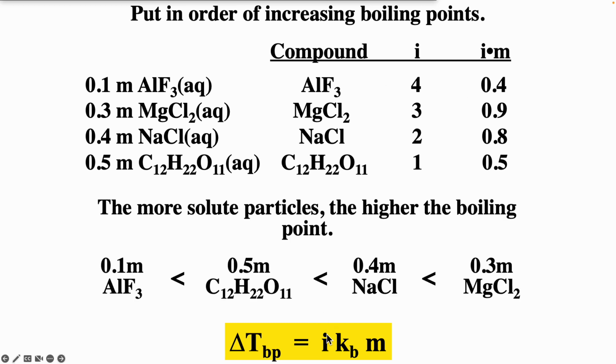And so again, remember i times m if you're comparing different solutes. And so it's kind of interesting. The concentration is a little bit different, right? Sodium chloride has a higher concentration, but because magnesium chloride has a larger van 't Hoff factor, the magnesium chloride actually has the higher boiling point.